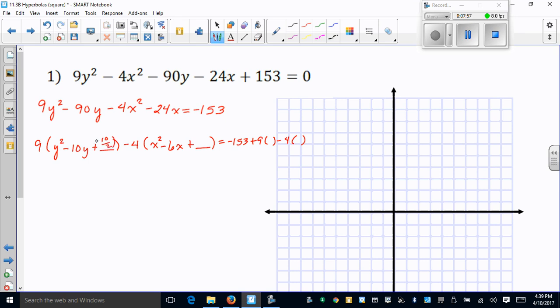So I get 9 times y squared minus 10y plus 5 squared, minus 4 times x squared minus 6x plus 3 squared, equals negative 153 plus 9 times 25 minus 4 times 9. Actually, this is going to work.